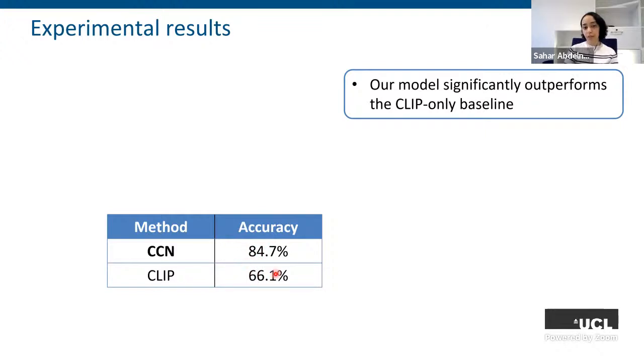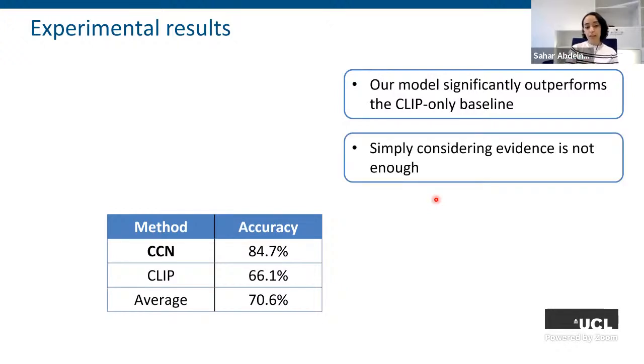However, since we don't have any evidence-based detection baseline for our task, we also propose another, rather simpler baseline here that also utilizes evidence. So in here, we take all evidence items and compute their representations, and then we average these evidence items and perform a classification based on this average. This performed decently because it's higher than the CLIP-only baseline.